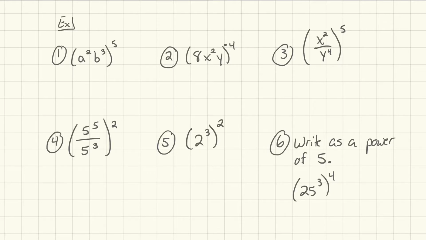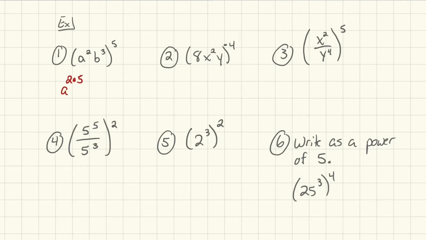Again, when we start out, we have in parentheses a squared b to the third, and all of that is raised to the 5th power. The way that we handle that is we look at a squared and we raise that to the 5th power. By doing that, we end up getting a to the 2 times 5.